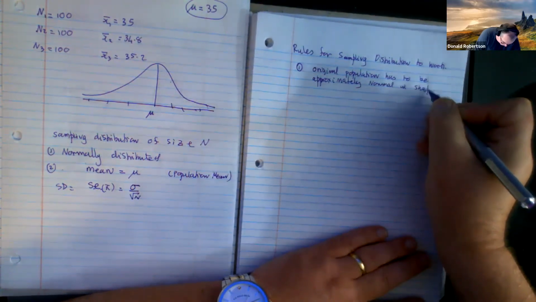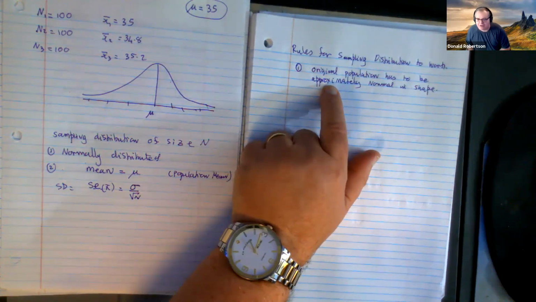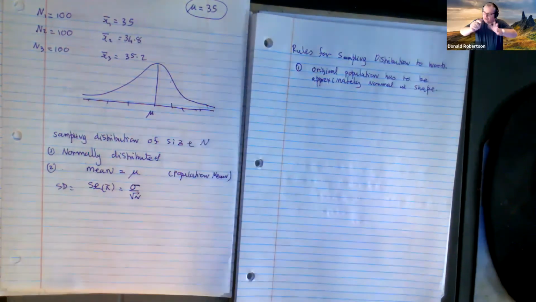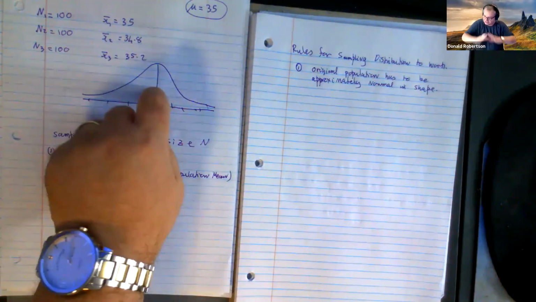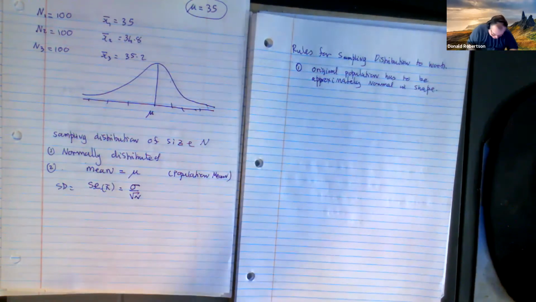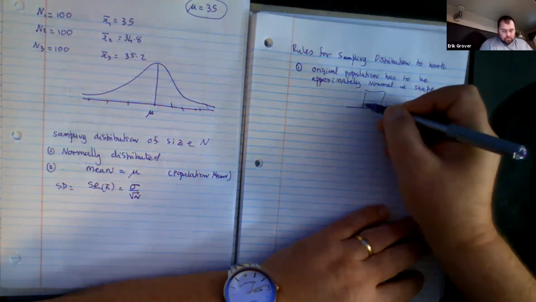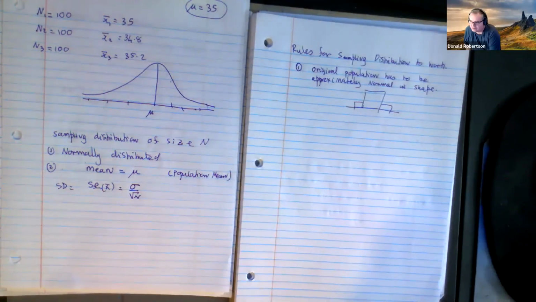And we're very, very generous about what approximately normal is. The population doesn't need to be a perfect shape, it just needs to be roughly normal. To me, roughly normal basically means big in the middle and little in the ends. Doesn't mean have any great structure, but big in the middle and little at the ends is good enough, so don't be too pernickety about that.